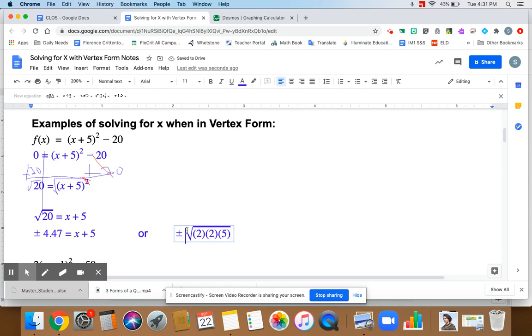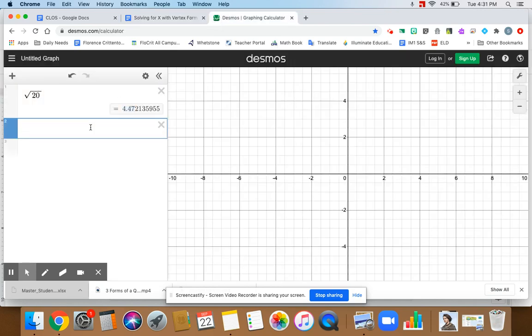And then the 2 would come out front instead. And so I could simplify the square root of 20 to 2 root 5. And that would also equal x plus 5. And don't forget, if I put in 2 square root 5, it's still 4.47.